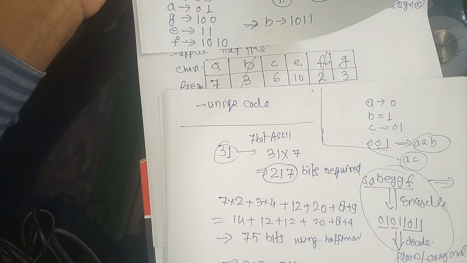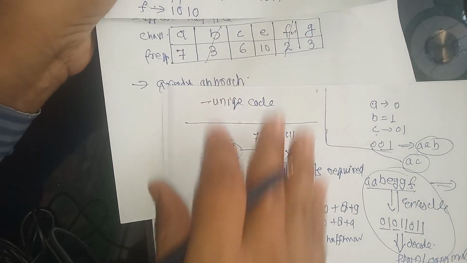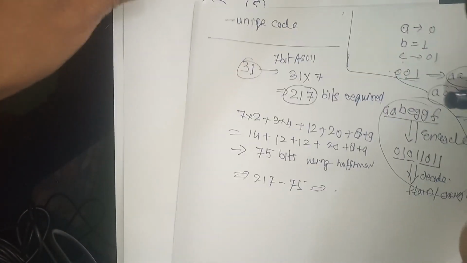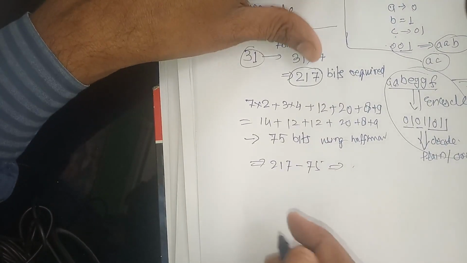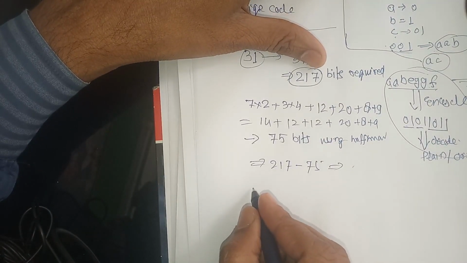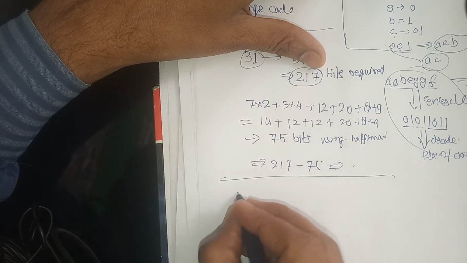One more point is when we should use the Huffman algorithm. As I just told you, Huffman codes are useful only if characters are generally repeating.